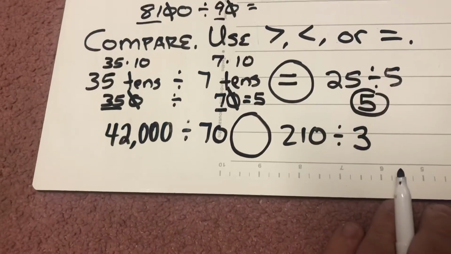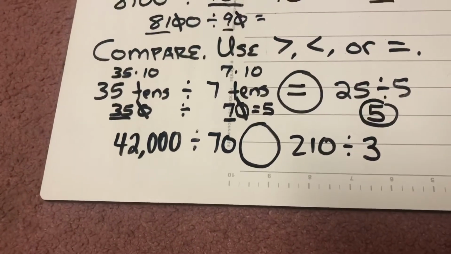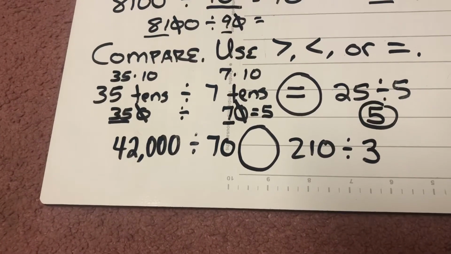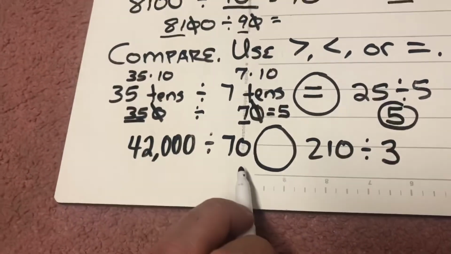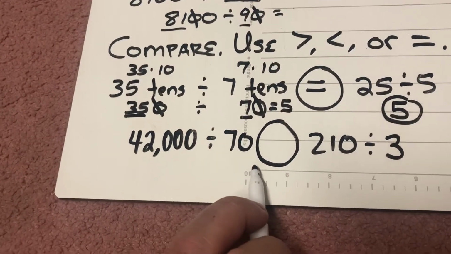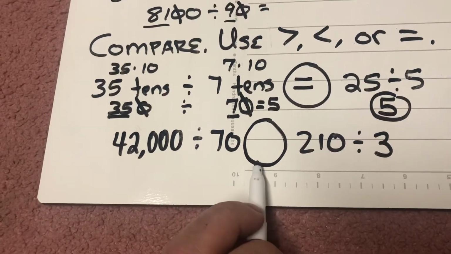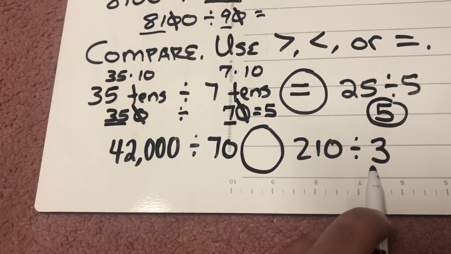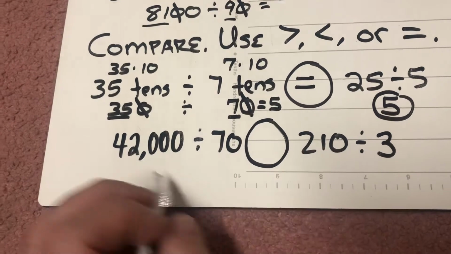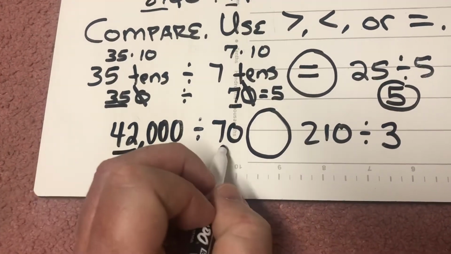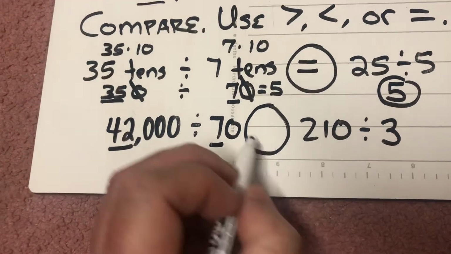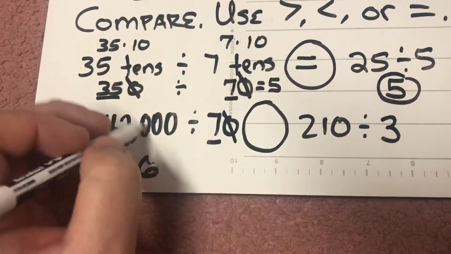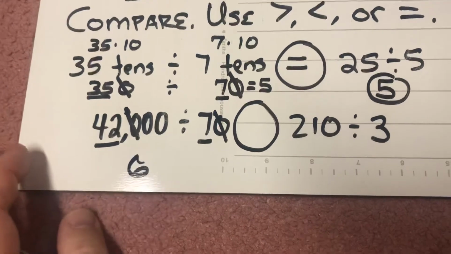Well, here's one where the division problem is written out for you. So I've got 42,000 divided by 70 and 210 divided by 3. Well, 42 divided by 7 is 6. I cross off 1 zero here, so I can cross off 1 zero there.